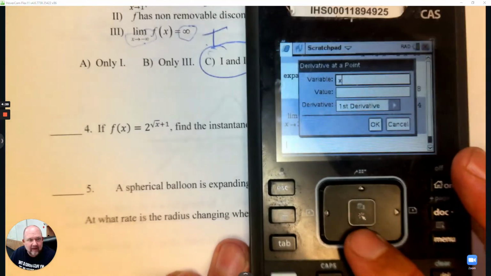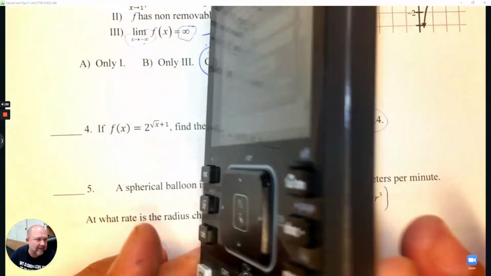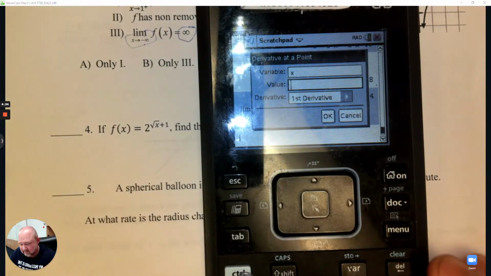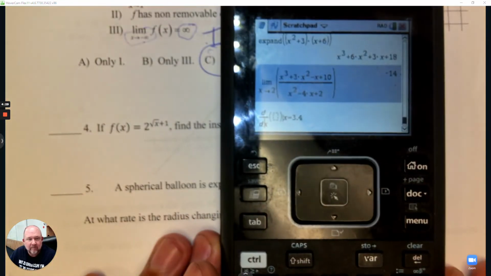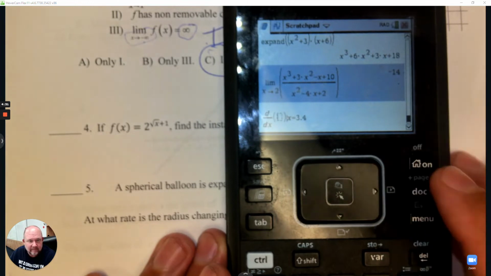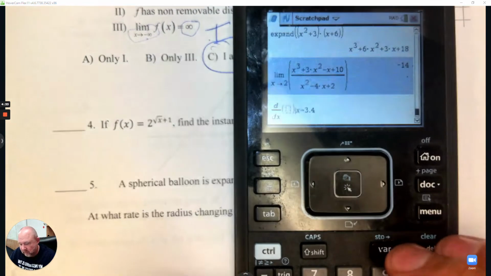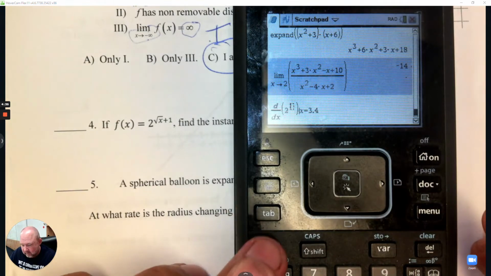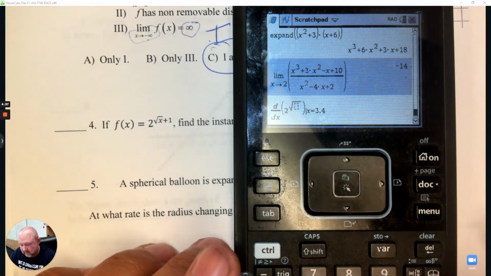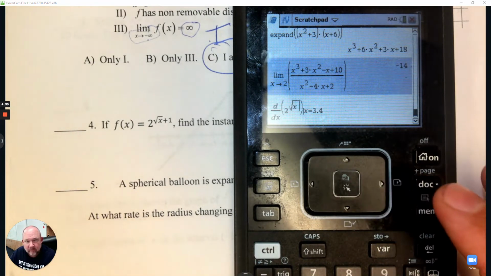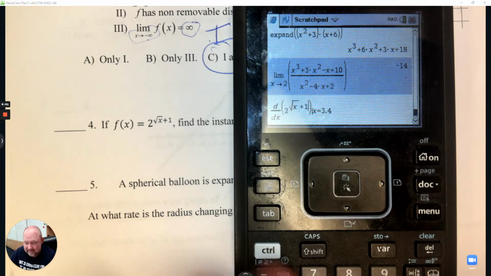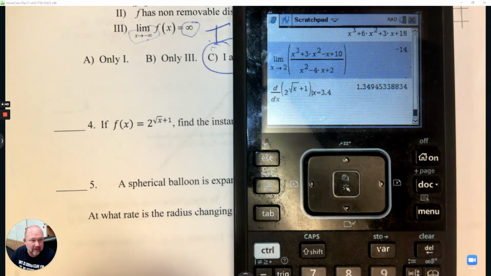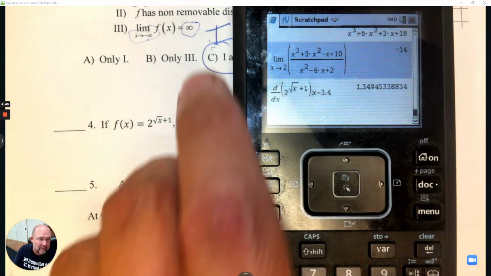We are using x, the value is at 3.4. And then type in. So what would you type in? 2 to the exponent, the square root of x. Move the cursor, plus 1, and that's it. Go control enter. It's going to be a decimal, 3 decimal places, so 1.349.